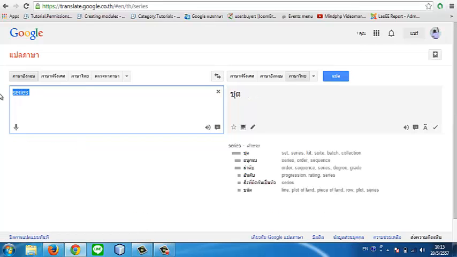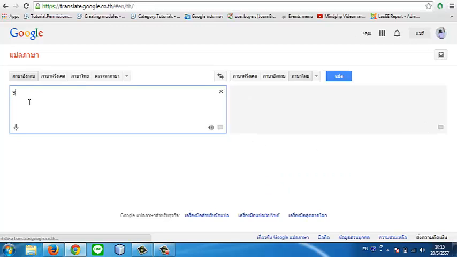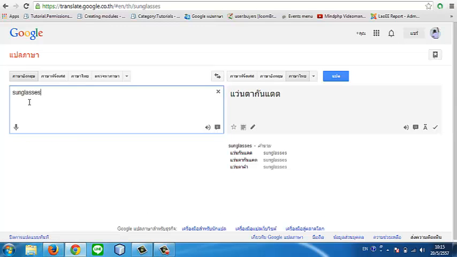The meaning of this one is series. It's a compilation of more than one collection. There is also no word as sunglass. This one is always plural. When we use this word, we must use sunglasses, because there is no sunglass that is only one.